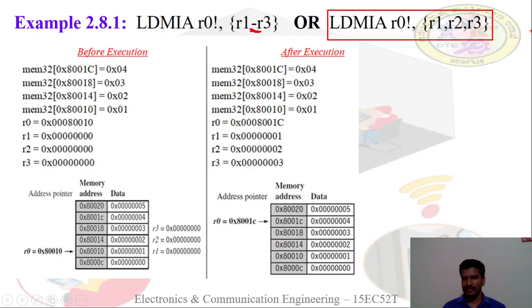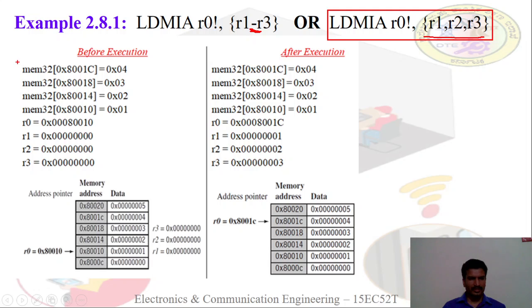If it is in sequential order, we can write it like this, R1 to R6. So it will take 6 registers, R1 to R6, or you can specify individual registers like this also, R1, R2, R3, R4, R5, R6. So here I am taking only 3 registers, R1 to R3.